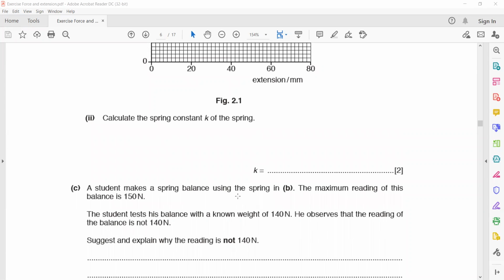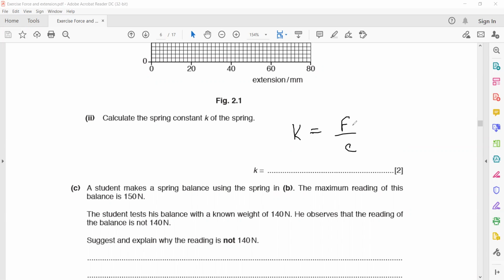A student makes a spring balance using a spring, and the maximum reading on the balance is 150 Newton. The spring constant shows the difficulty to stretch the spring, that is force divided by extension. How much force is needed to produce 1 millimeter or 1 centimeter extension?